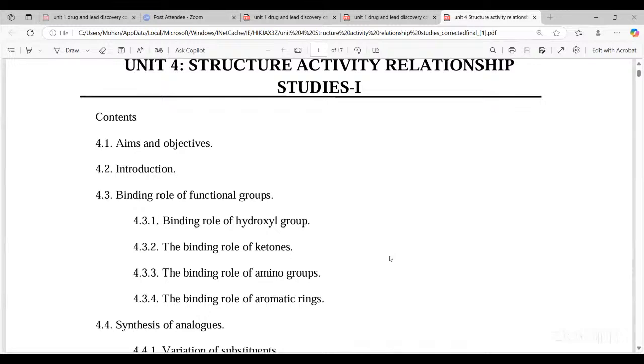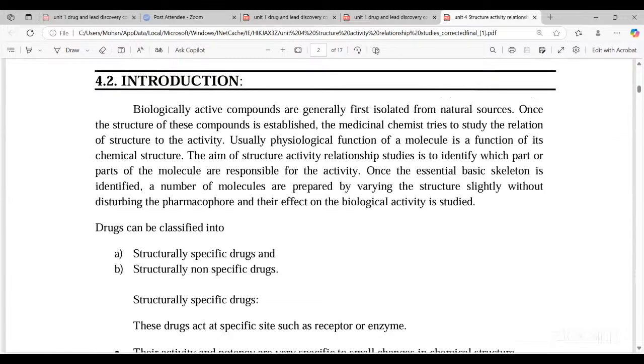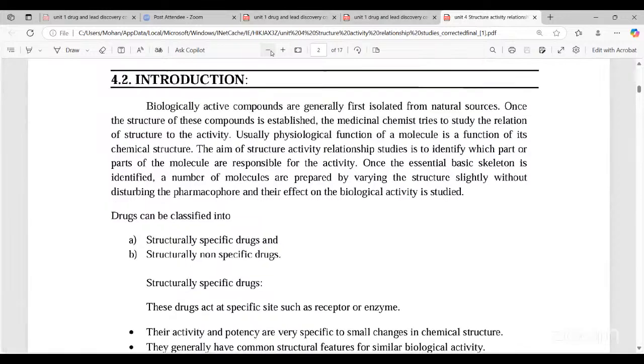Now, structure activity relationship studies, SAR studies. Here the biologically active compounds were generally first isolated from natural sources. Once the structure of these compounds is established, the medicinal chemist tries to study the relation of structure to activity. Usually the physiological function of a molecule is a function of its chemical structure.